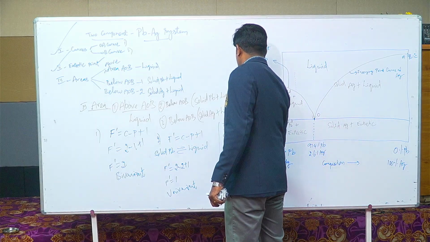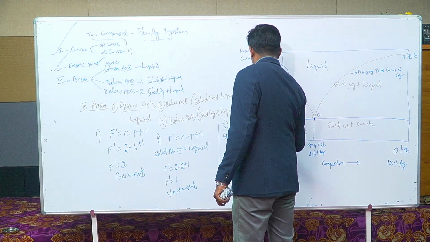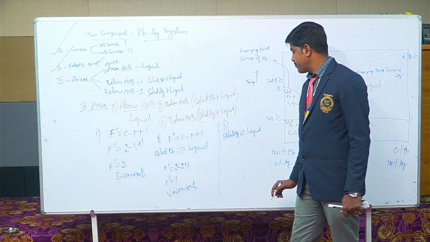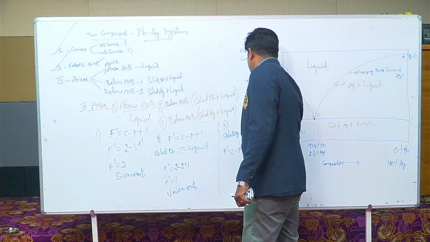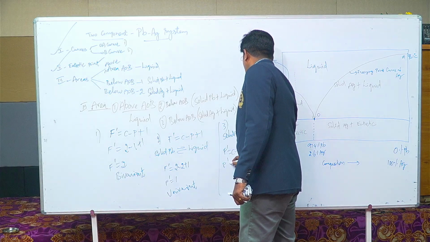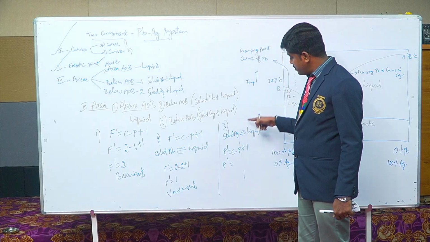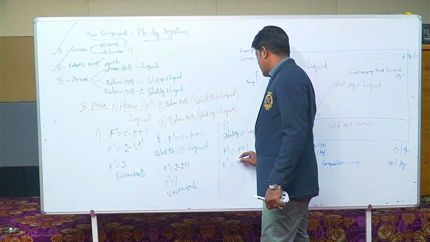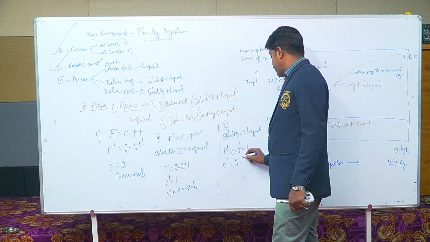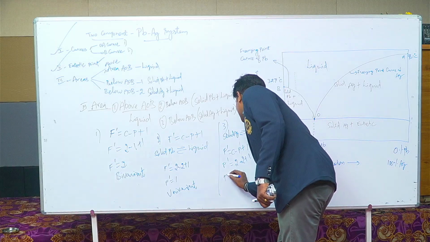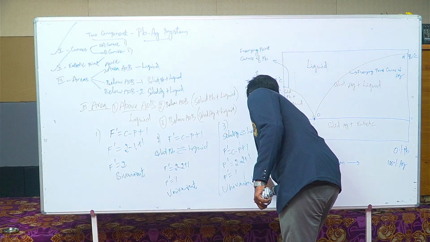Here, the solid silver is in equilibrium with the liquid. And the same formula, F dash is equal to C minus P plus 1. The number of components is 2, one is silver, another is lead, mixed with the liquid. The phases are 2, one is a solid, another is a liquid. Plus 1. The answer is 1 and the system is univariant.